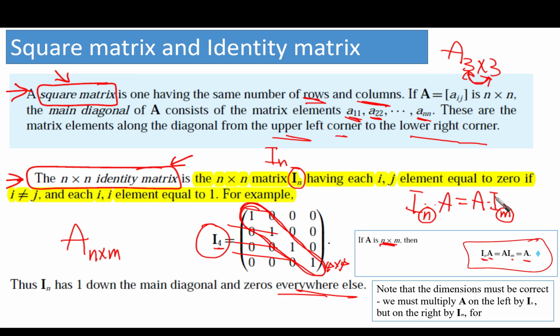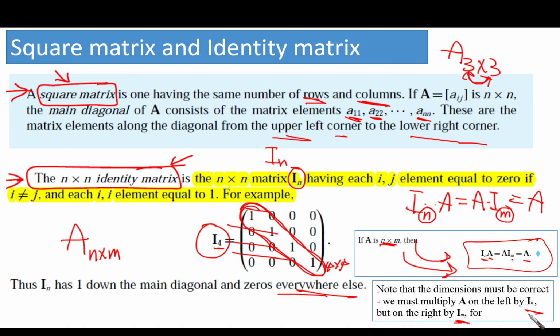This gives us, at the end, the original matrix A. So I_n times A equals A times I_m equals A. Note that the dimensions must be correct.